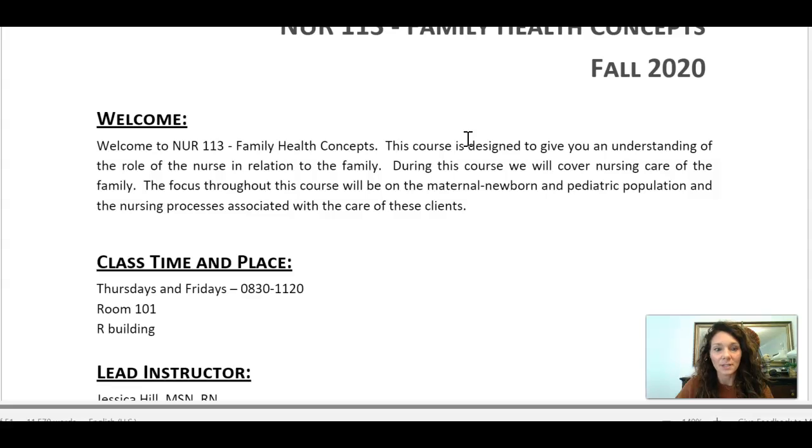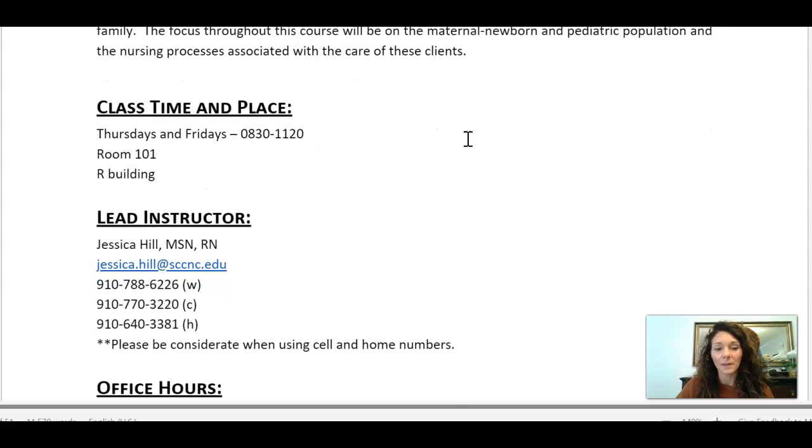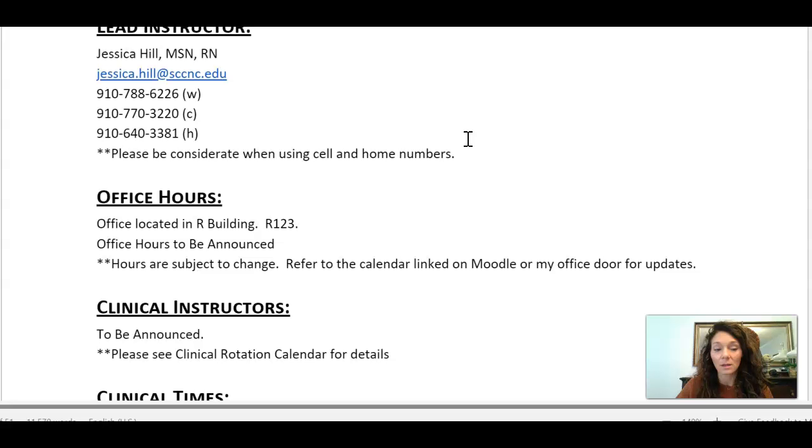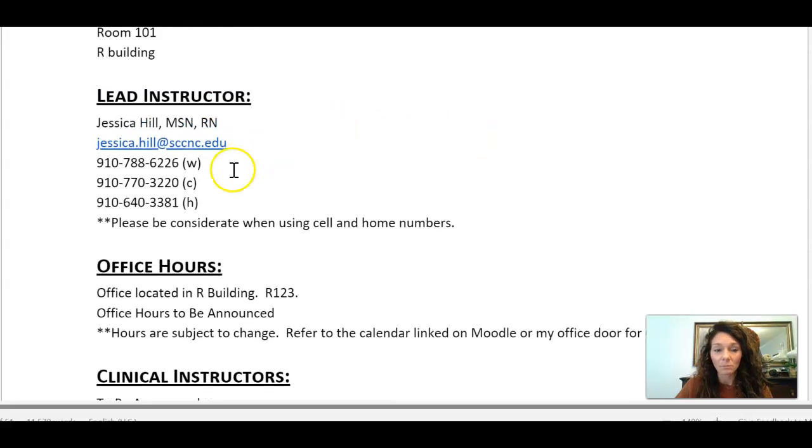Of course, it starts out with a welcome, class time and place. Here are my numbers. You can see my office number here. I have given you my cell number and my home number. Please be considerate. If you need to use either of those numbers, use them for emergencies if you need to, and be considerate of the time.